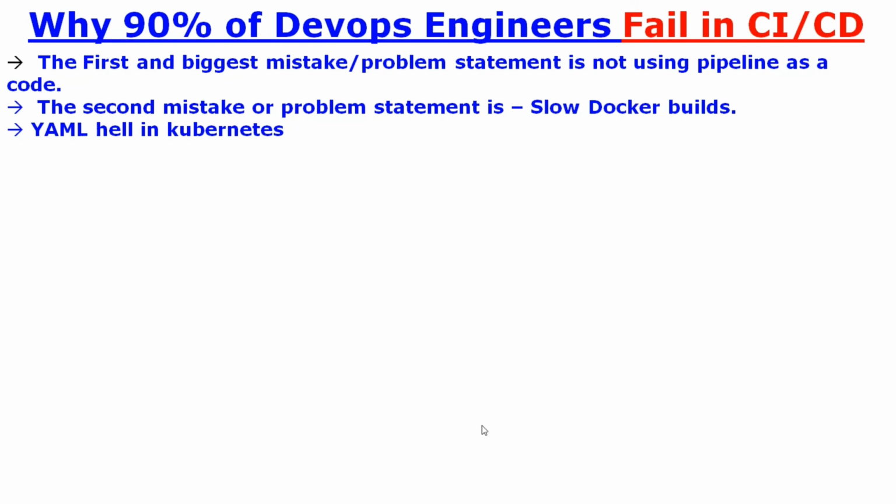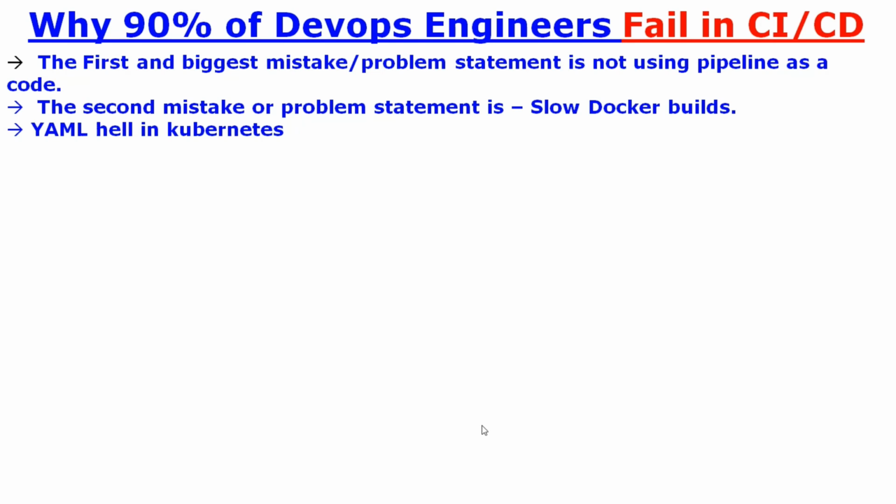Instead, using Helm, we can create templates based on our requirements and reuse them for multiple environments like dev, staging, and production wherever required. That means fewer files, fewer mistakes, and cleaner deployments. We don't need many files, only a few are enough. These are the problem statements where most DevOps engineers fail in CI/CD.